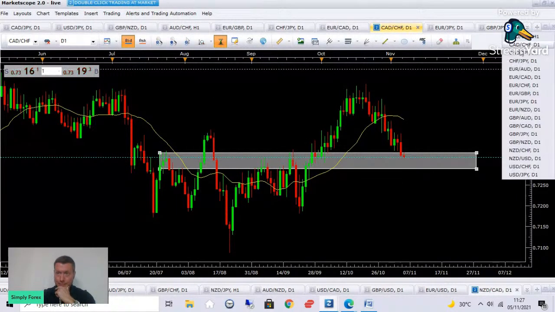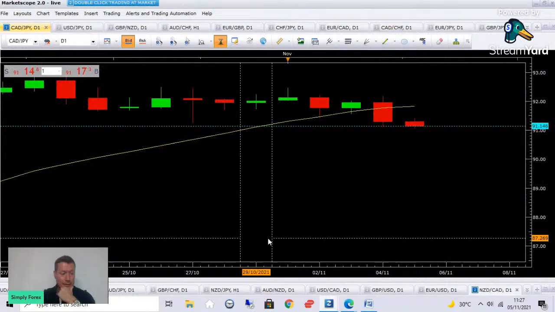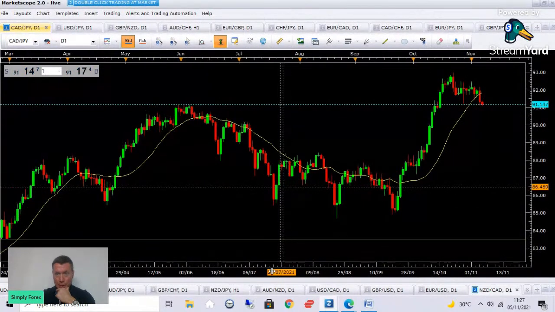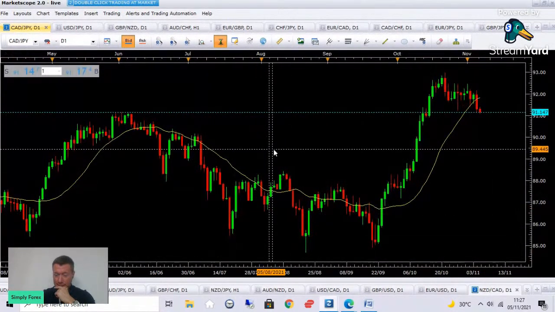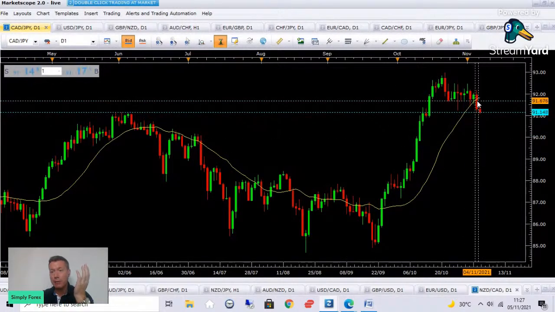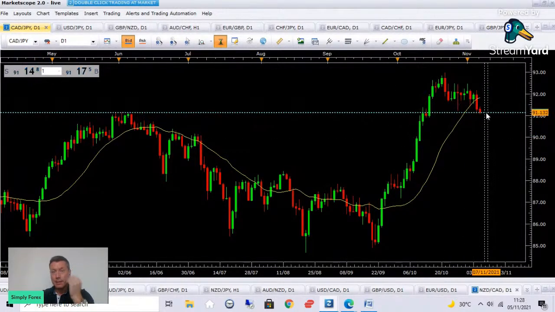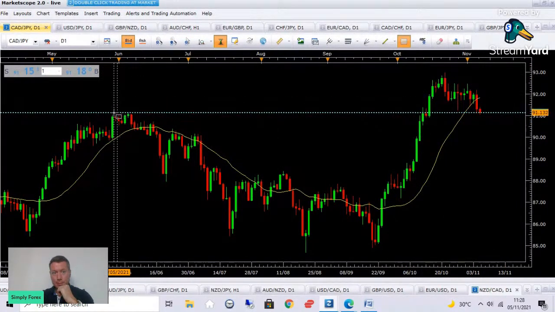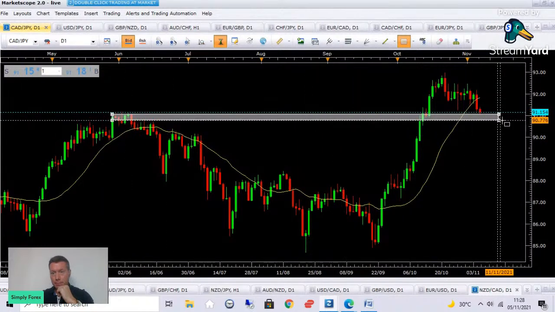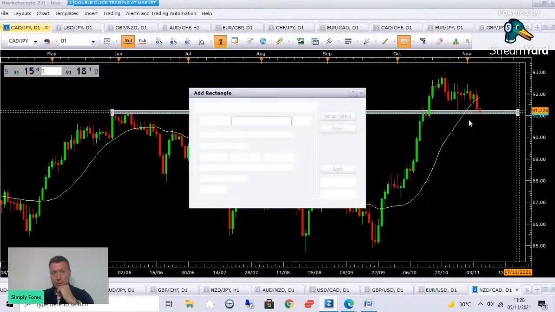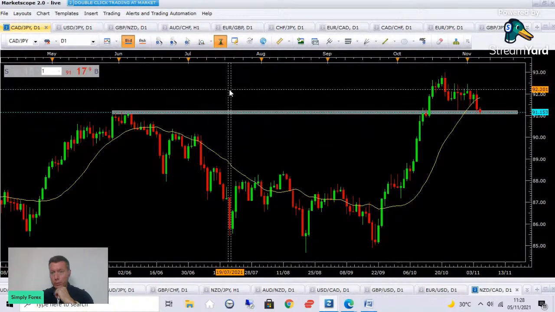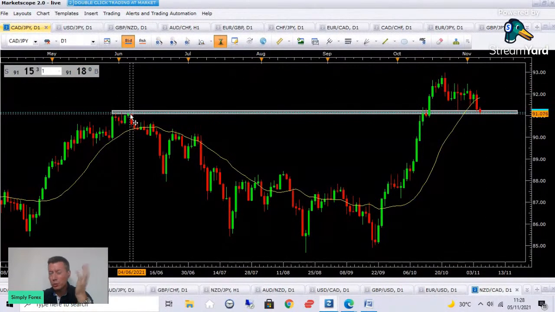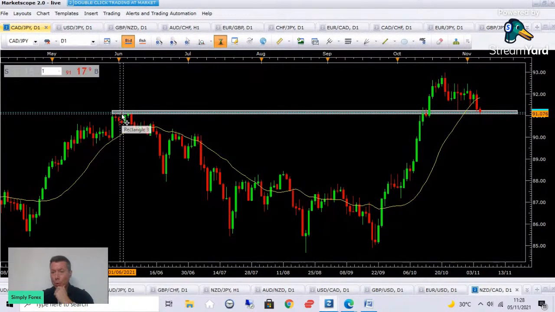Next pair, Canadian dollar against the Japanese yen. Again, the daily chart. We've got a large bearish candle, guys, but it hasn't broke this low, and I'm seeing this as a potential area of support here.